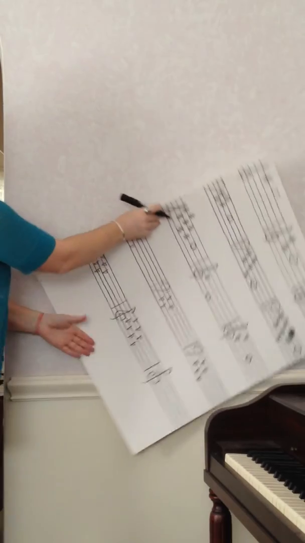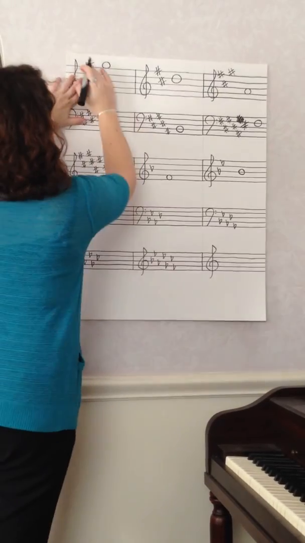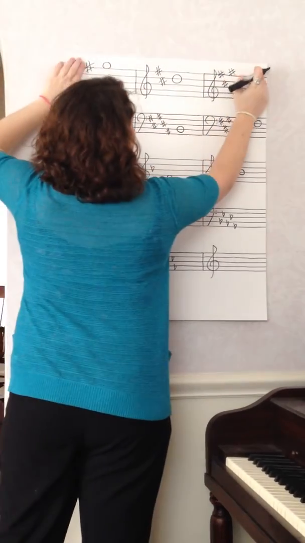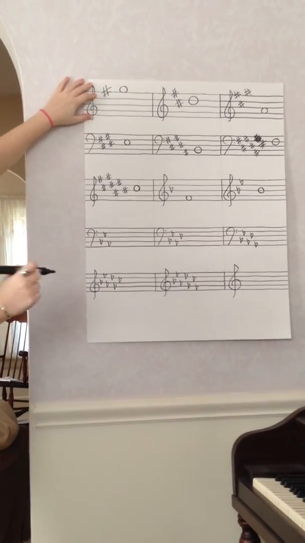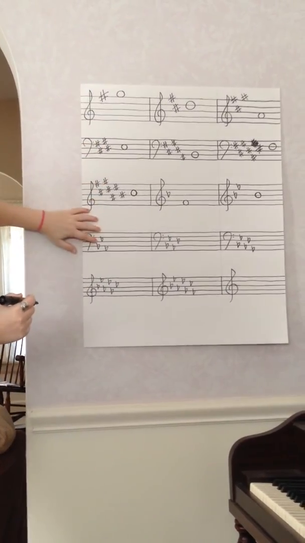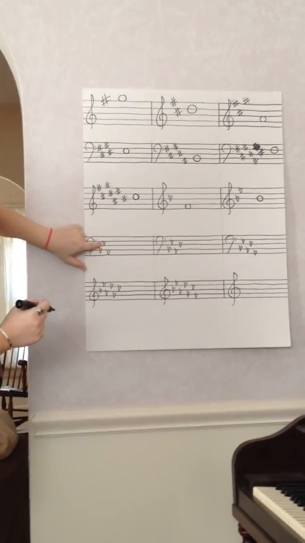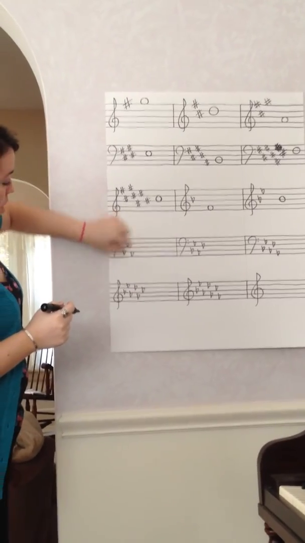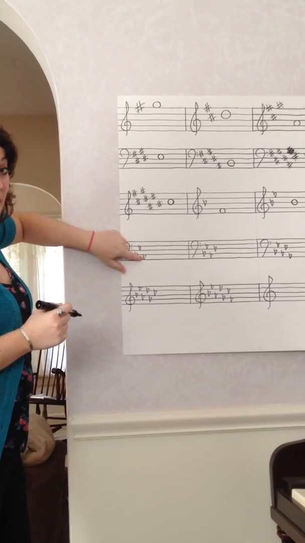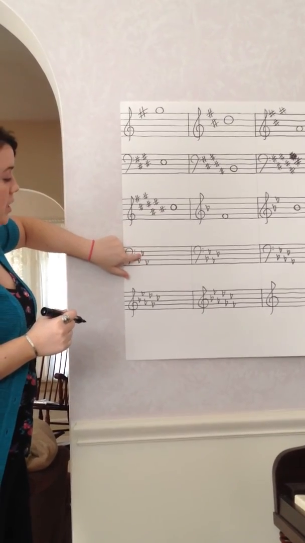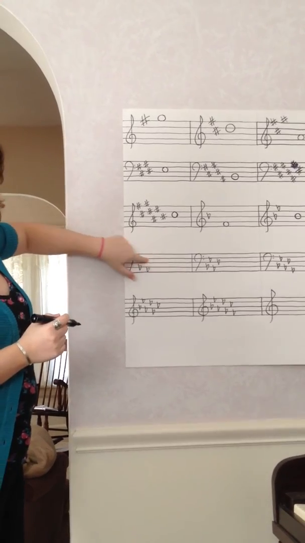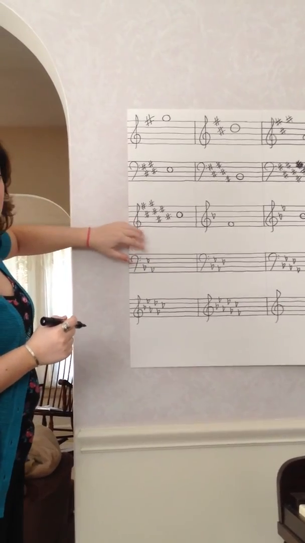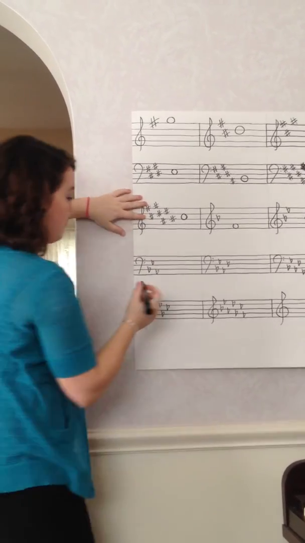I'm seeing some scratching of heads. So we're going to think of this again. All right. So our second to last flat should be our key, correct? So this flat is on the E line. So it's E flat major, okay?